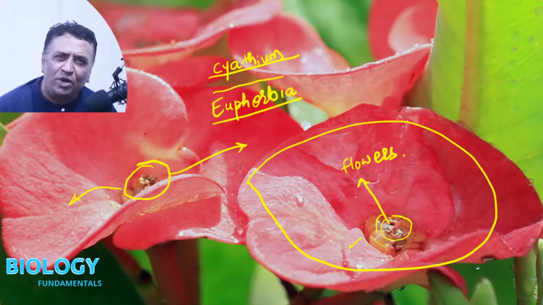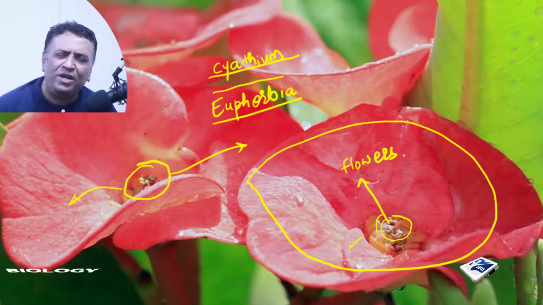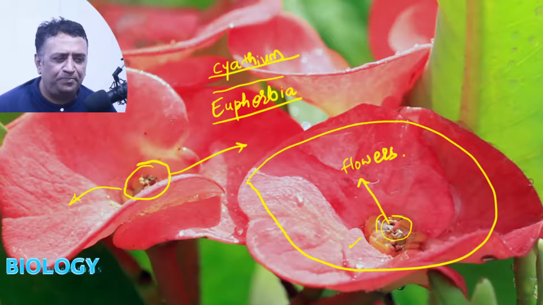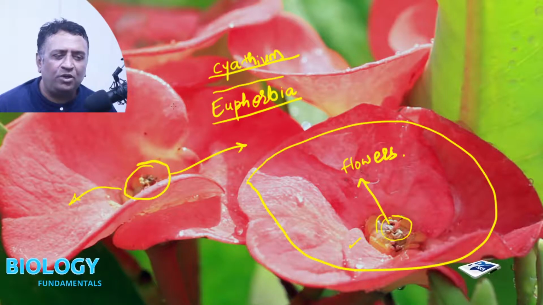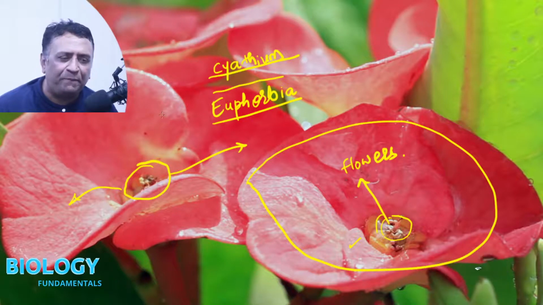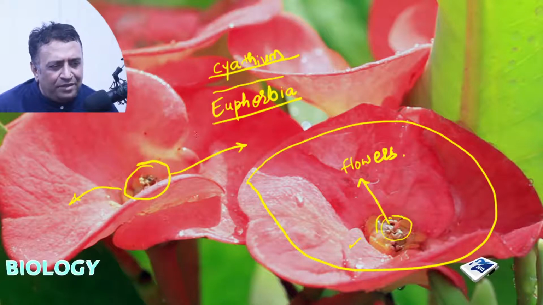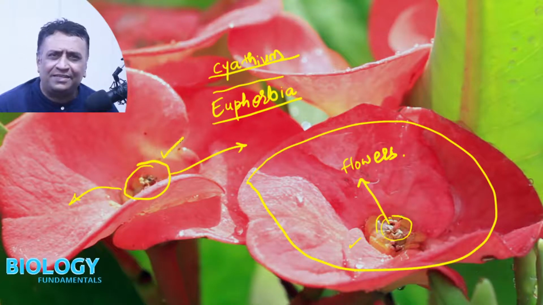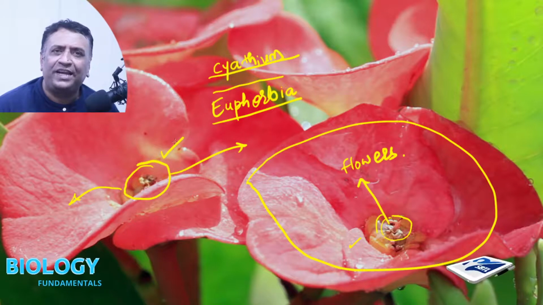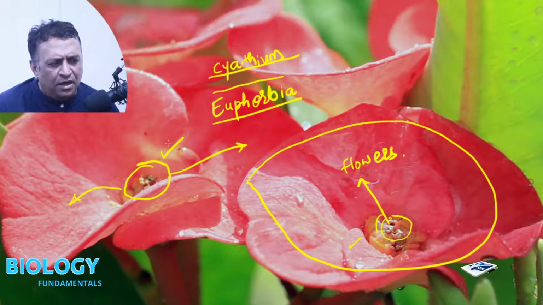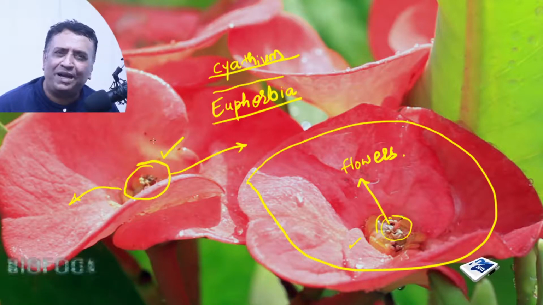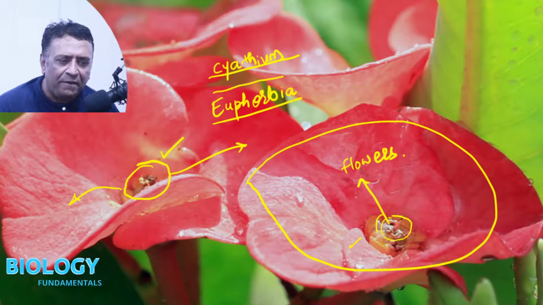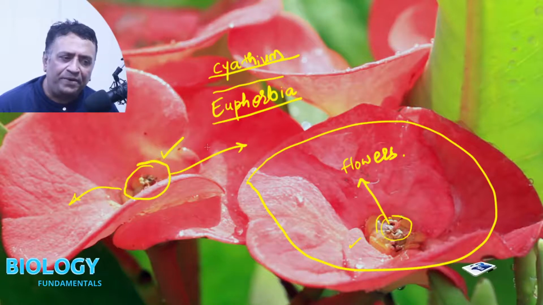This is a succulent type of plant, often confused with the Cactaceae family, but this is a Euphorbia plant. And as I told you, it has pesticide properties. There are some mildly poisonous secretions secreted by this plant, particularly the flower.